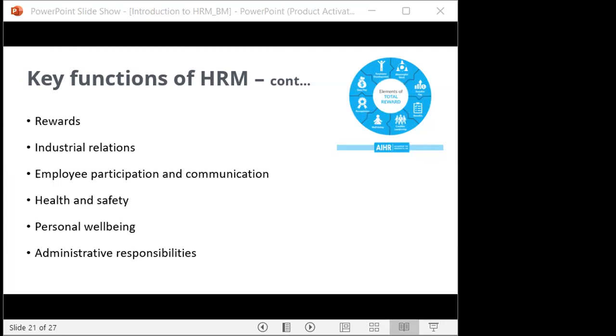Whatever administrative task has to be performed by the HR department, maybe drafting letters, doing transfers, promotions, conducting surveys, all these administrative tasks come under administrative responsibility. So those are the main key functions of HRM.